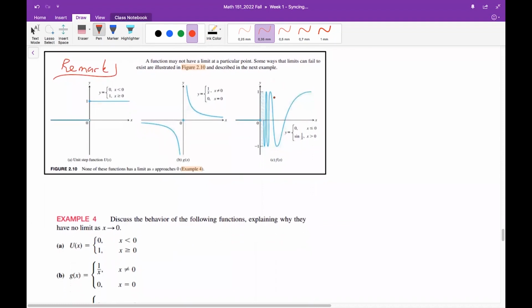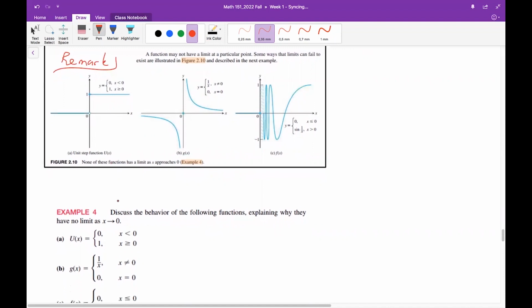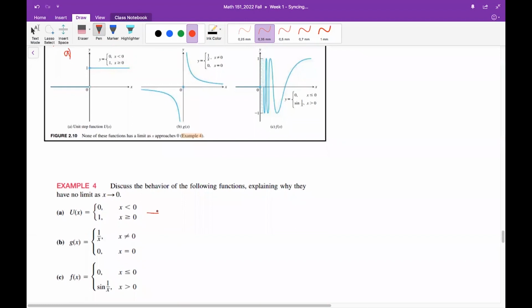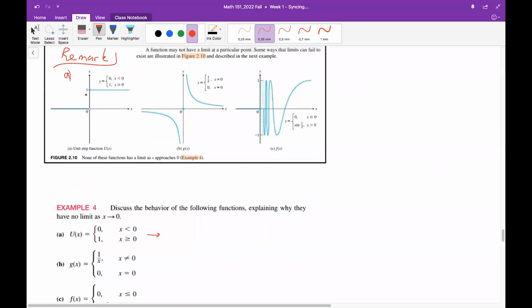So let's try to look at these 3 examples. In the first example, which is called the unit step function, we will try to understand the limit of it, whether it exists or fails to exist. So for part A, the expression of this unit step u of x is this function.